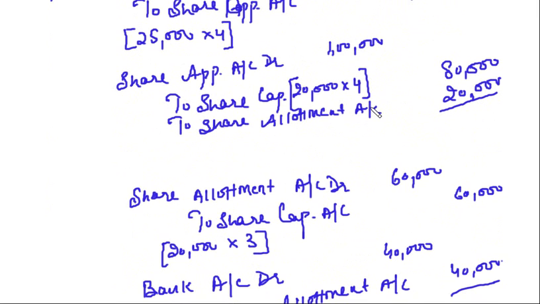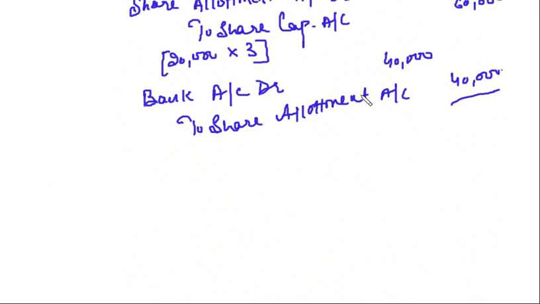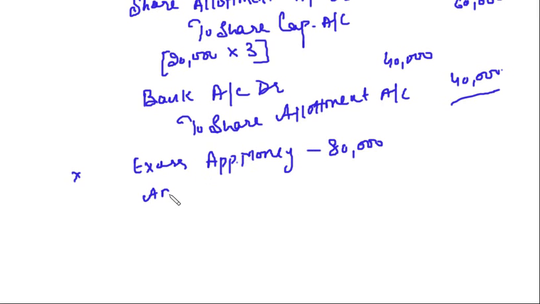I'll take a very simple example. Say you have excess application money of 80,000 rupees, right? Amount due on allotment is 60,000 rupees. Now what will you do?